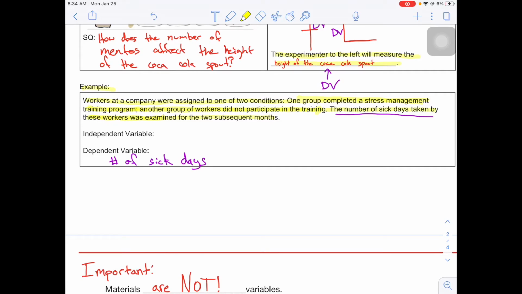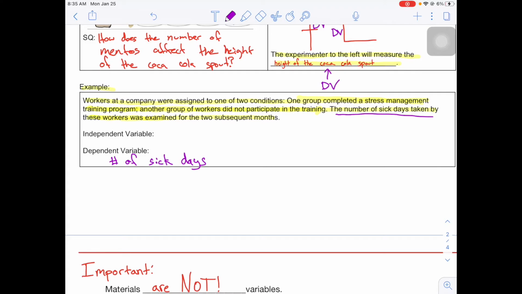Well, they changed whether or not their subjects completed the stress management training program. So they had a group that took the program and then they measured the sick days, and then they had another group not complete the stress management program.